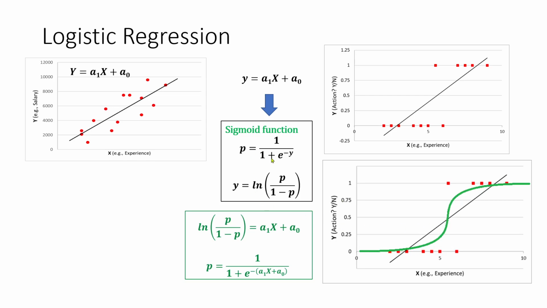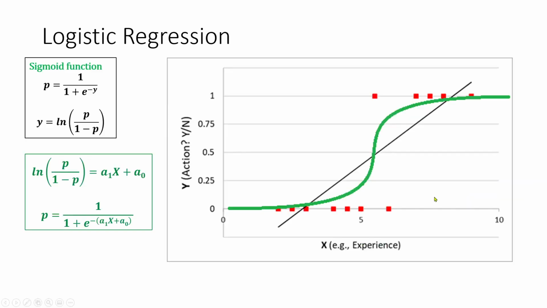Then you can, of course, transform it with some algebra, and now we can replace this y with this function over here. If we do the math, it's going to look like this. Plugging in an x gives us this probability, basically this value on this green line.